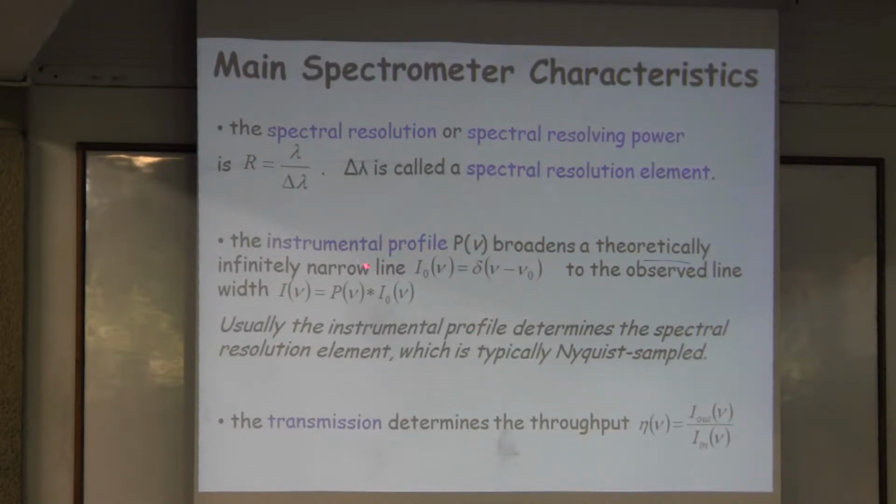So if you're observing with higher spectral resolution, then your instrumental profile should also be narrower. You can make this analogy to the telescope: the equivalent to your telescope diameter is now the spectral resolution of the grating. Before, we had the telescope determining the angular resolution; right now we have the grating determining the spectral resolution.